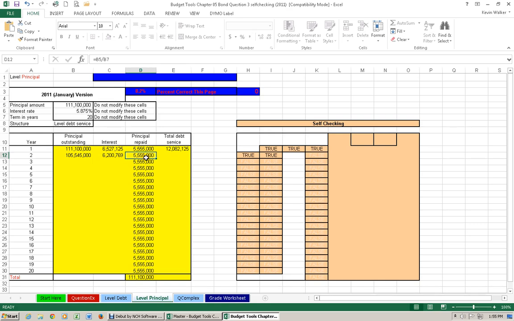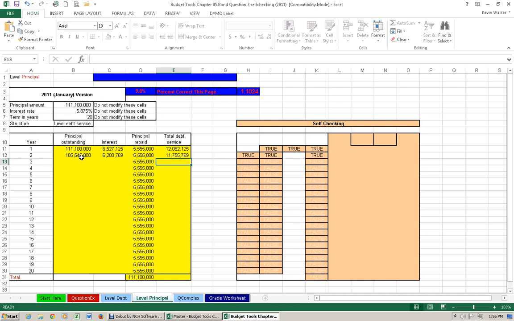So again, principal repaid, it's just going to be this plus this. All right, again, true. So all you're doing is subtracting your principal repaid, this number, which is constant through the 20 years, from whatever the current iteration here is.